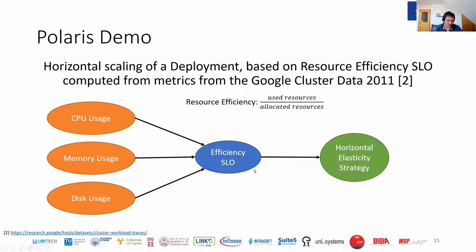And the metric we use is resource efficiency. So we divide the used resources by the allocated resources. The goal is if we allocate some resources, we want to make sure we also use them so we don't waste money with resources that we don't need. And we'll trigger a horizontal elasticity strategy.